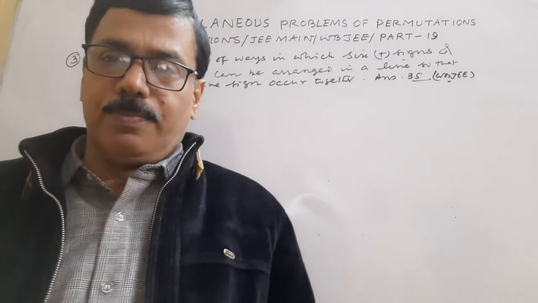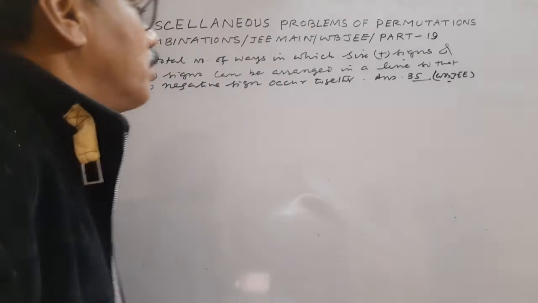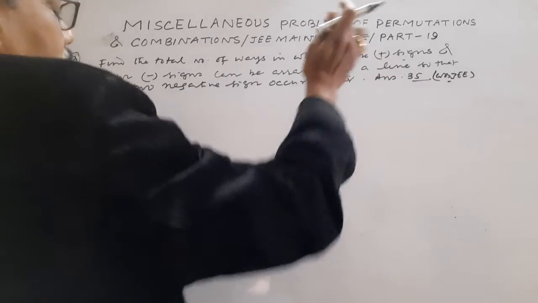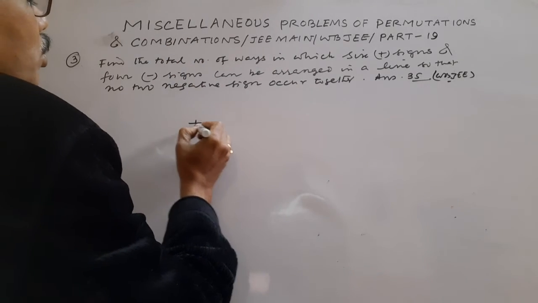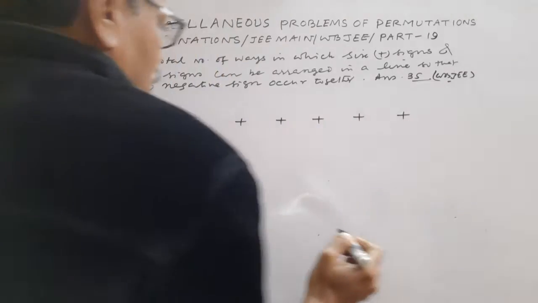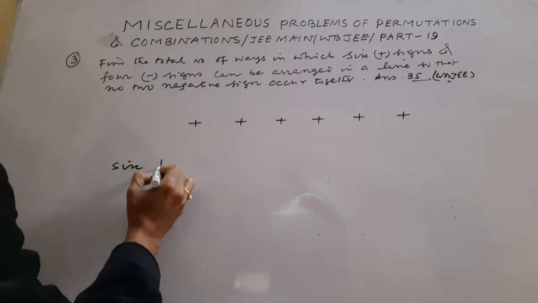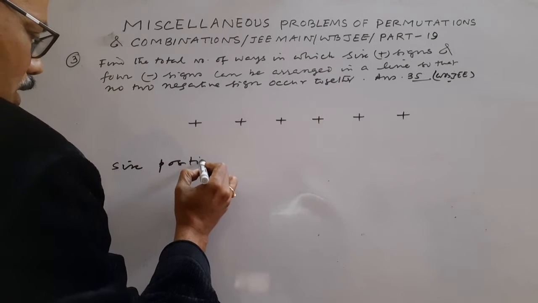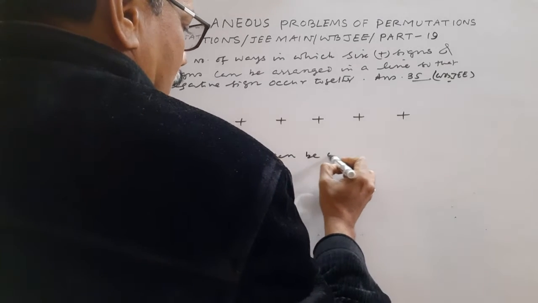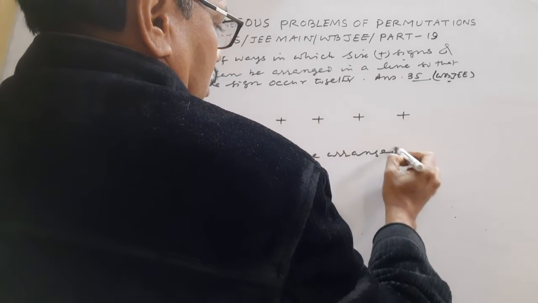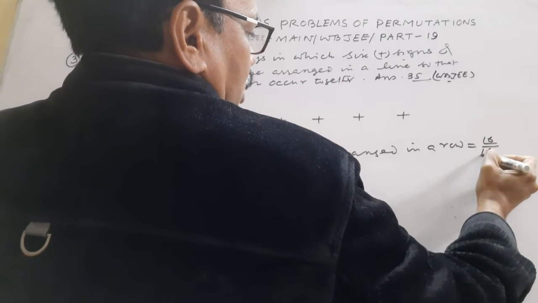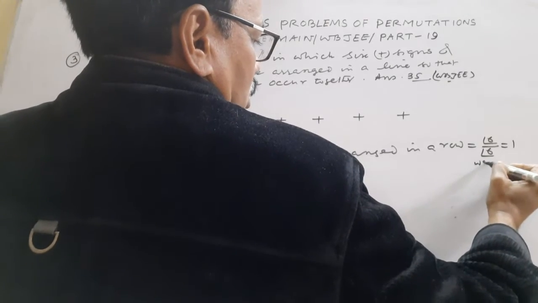So we have already solved this type of problem in case of permutation. So write 6 positive signs. We have already stated, the greater one you have to arrange first. So 6 positive signs can be arranged in a row in factorial 6 by factorial 6 equals to 1 way.